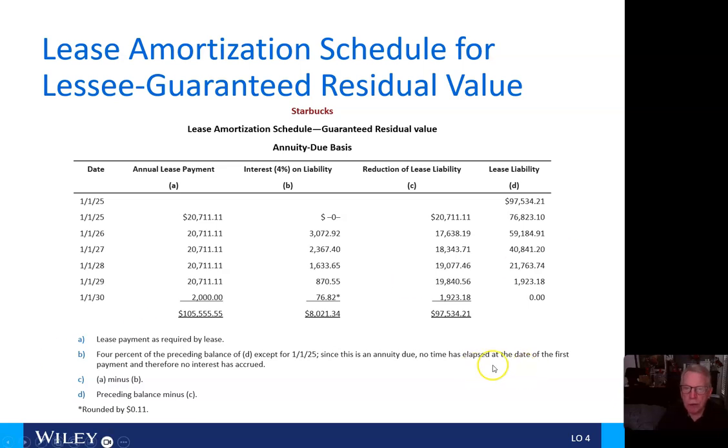For Starbucks, we're going to show the $97,534.21, and as you can see, we amortize that lease liability down to 0 over the life of that lease, as shown.